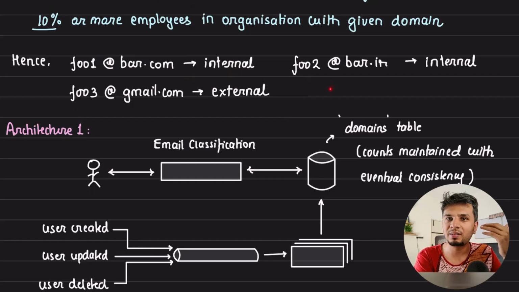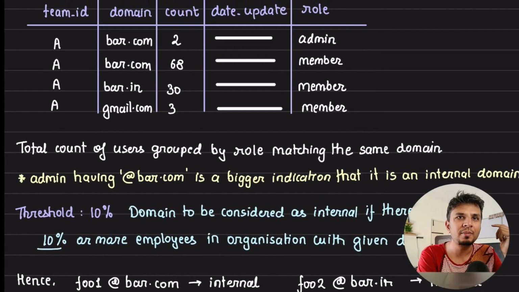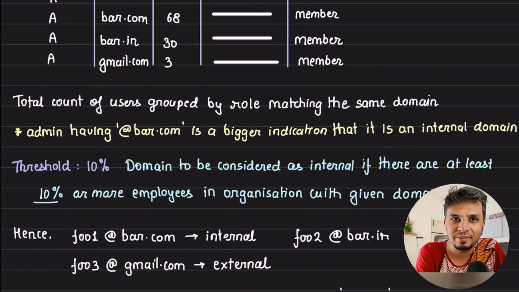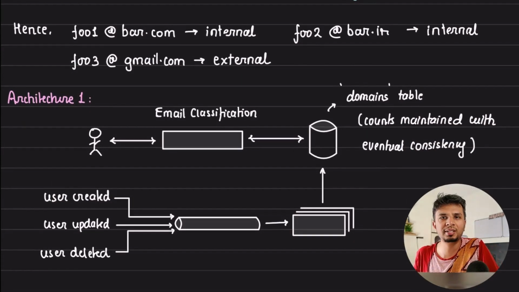With bar.in, there are 30, so 30 out of almost 100. It's still more than 10%. Then foo3@gmail.com will be classified as external because there are only 3 people out of almost 100 with this domain. So you are tempted to classify it as external. This is a simple heuristic that they went with.